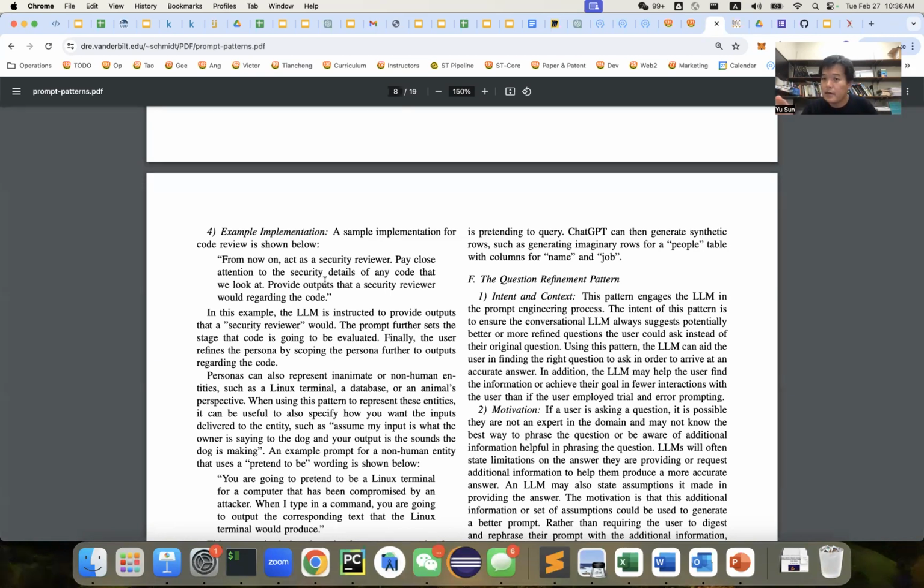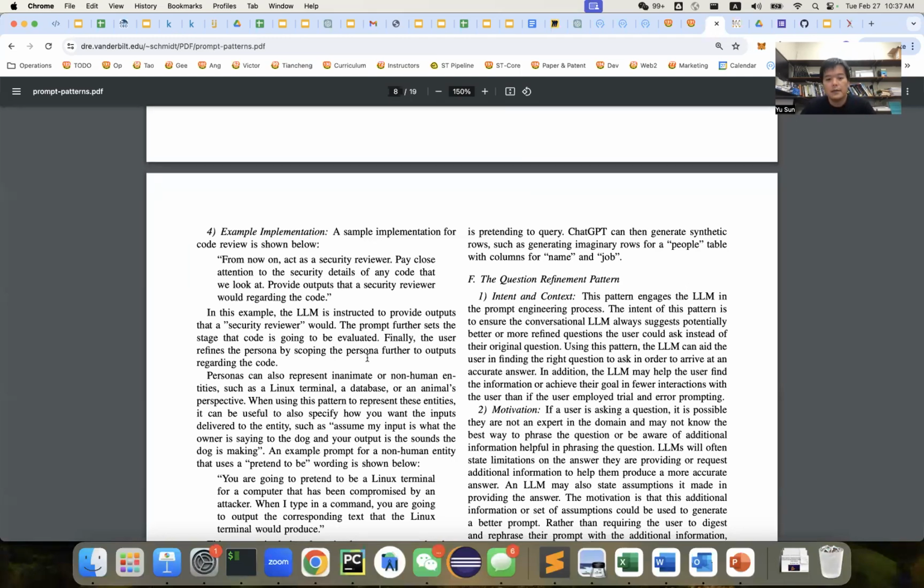So if you ask him to provide advice on the system, he can probably give you a lot of good information from the policy and government compliance perspective. But if you talk to a professor who does research in cybersecurity, I'm sure the professor can tell you a lot more detailed and technical things, right? So that's why this persona pattern really helps.